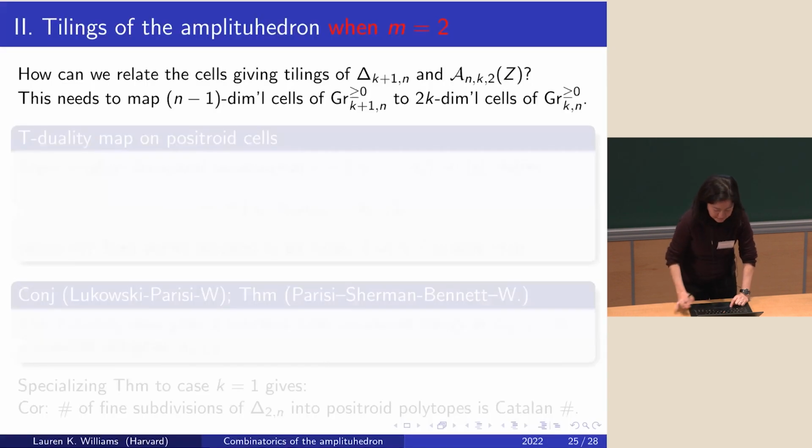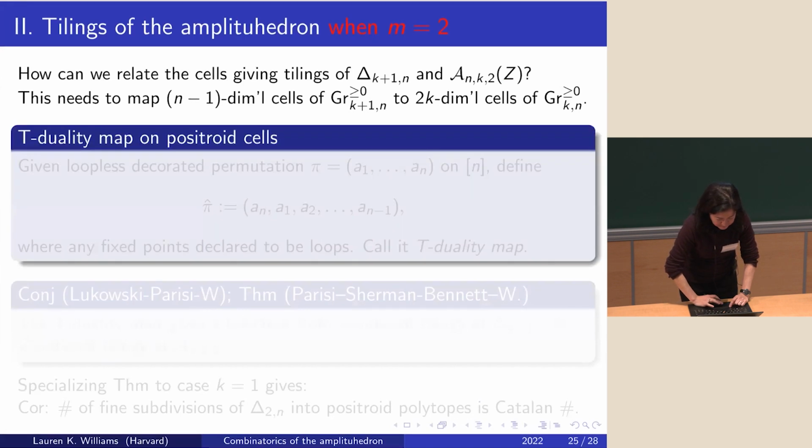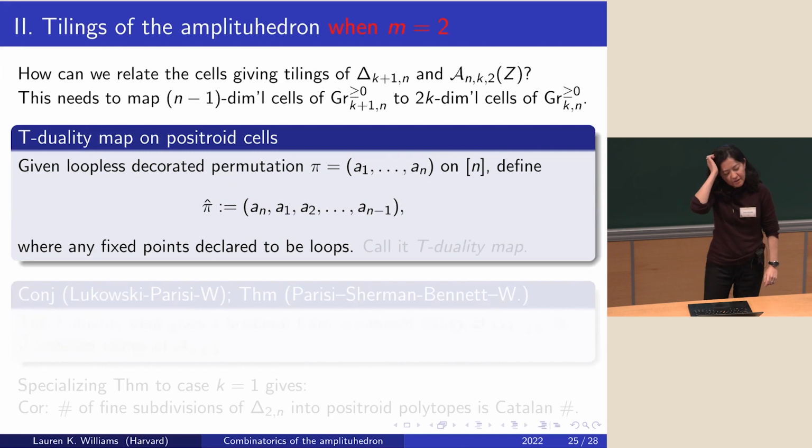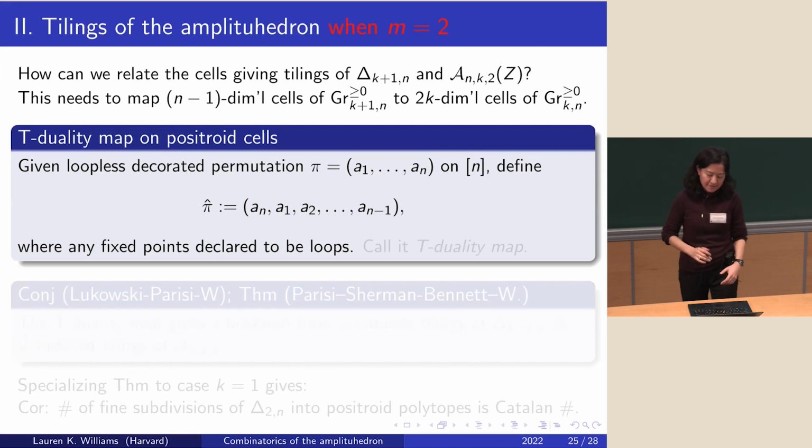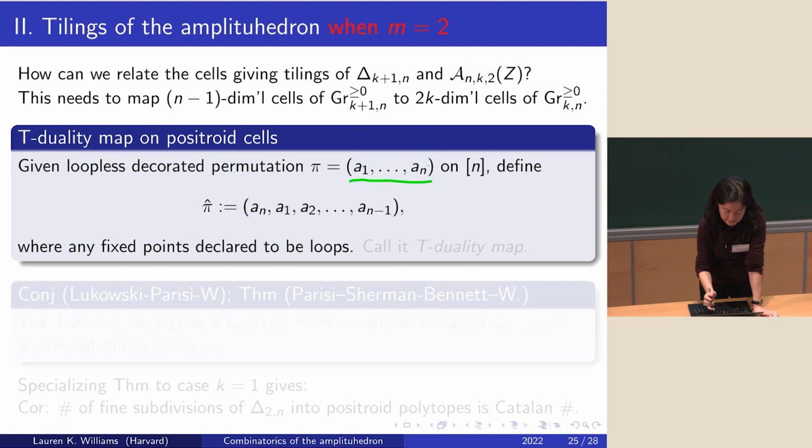Okay, and so this is our duality, and it's actually a very simple map on the level of cells. So I told you that cells can be labeled by some permutations, and the bijection on the level of permutations is really simple. It takes a permutation that looks like this in list notation, and it maps it to this permutation.